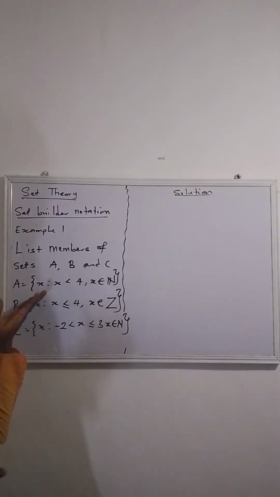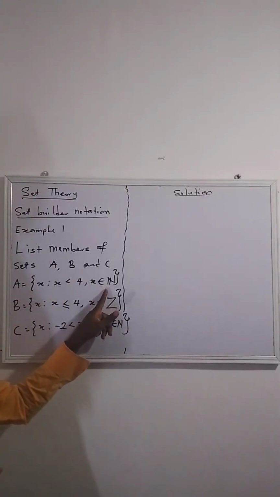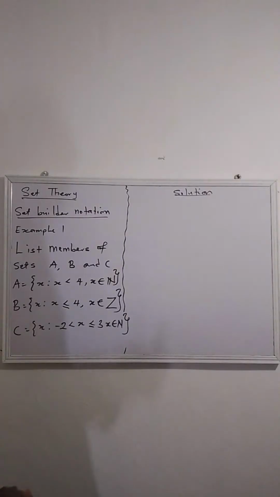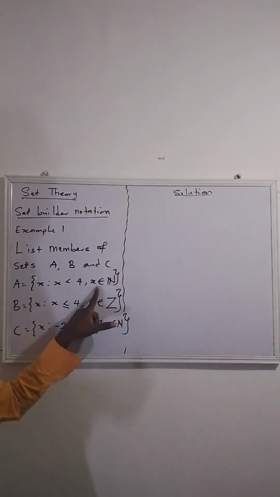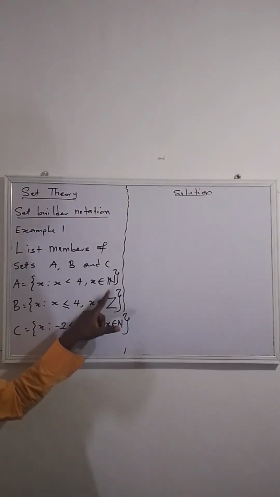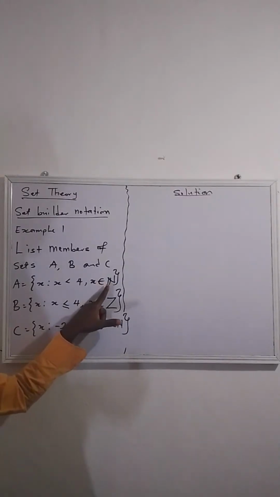That means that they are not decimal numbers. That's the reason why we have this condition. Now, x is contained in natural numbers. In this case, N represents the set of natural numbers.